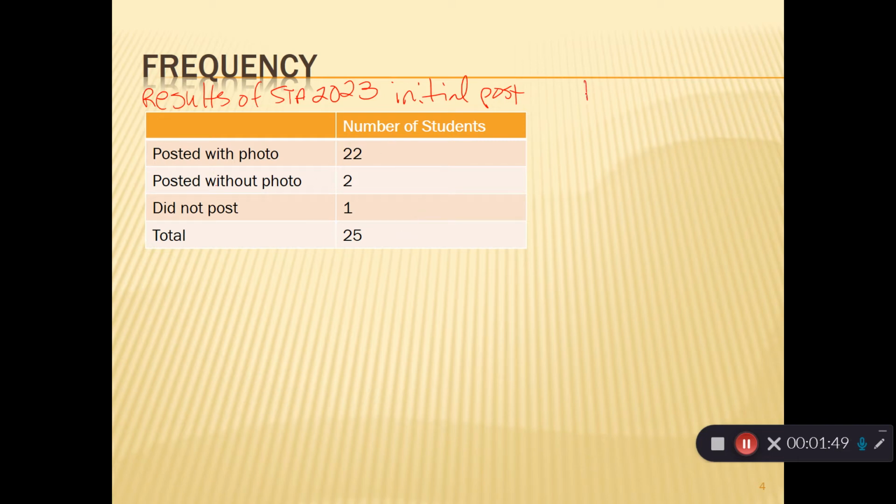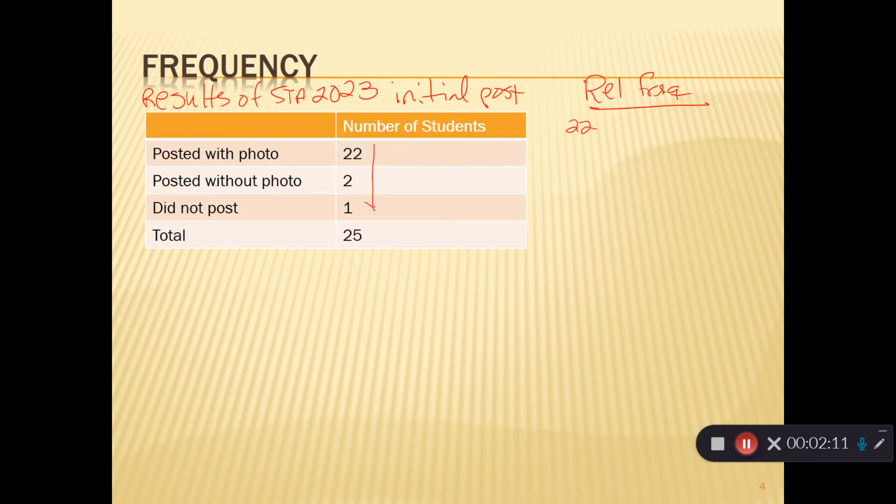Now, to make this a relative frequency table, I'm just going to extend this, but I might have the same thing: the title at the top, the left hand column, and then under the relative frequency, what I'm going to do is take the number of students that fell in the category and divide by the total number of students.